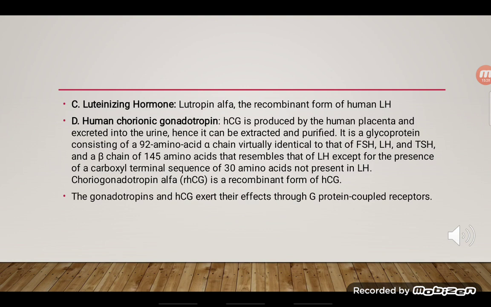The gonadotropins and the human chorionic gonadotropin all exert their effect through G-protein coupled receptors.